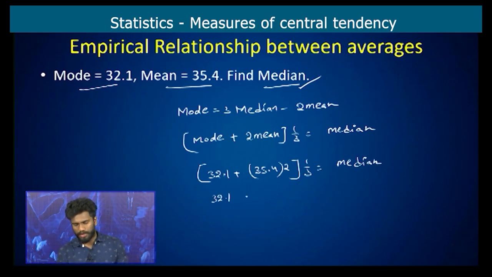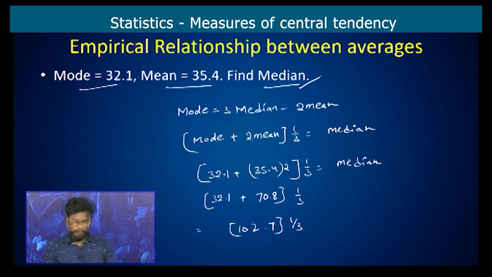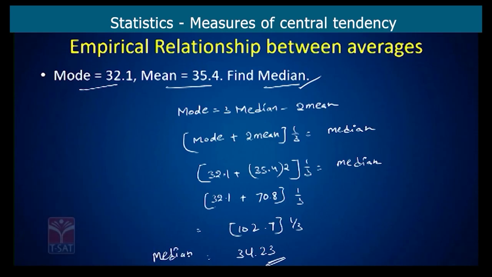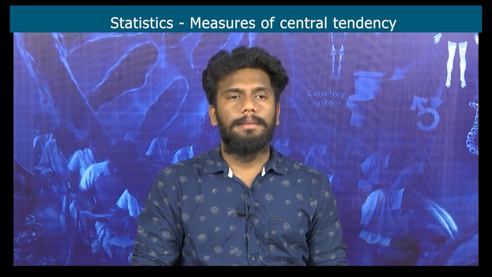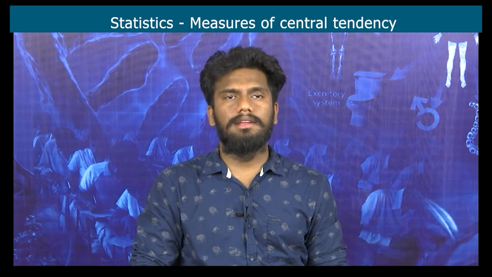So 32.1 plus 70.8 will become 102.7, and we have to divide it by 3, which will be equal to 34.23. That will become our median. So like this, we have to find the mean, median and mode when 2 items are given. We have to find the third item.